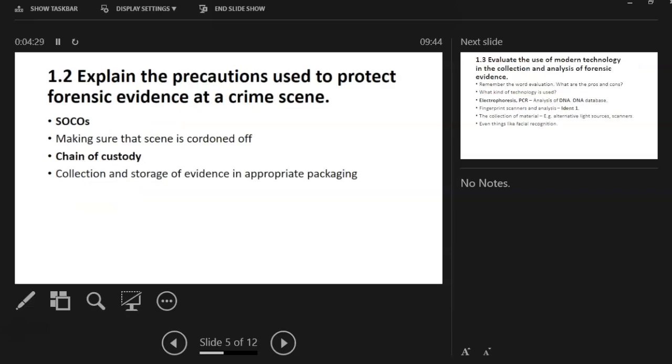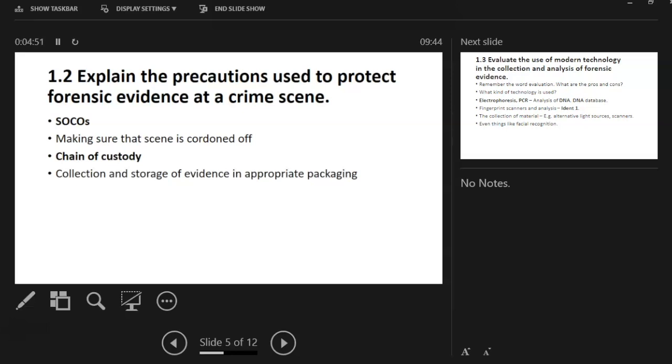So 1.2, explain the precautions used to protect forensic evidence at a crime scene. So you've got your SOCOs, scene of crime officers. They're the people who gather the evidence at the crime scene. You might want to make sure that the scene is cordoned off.